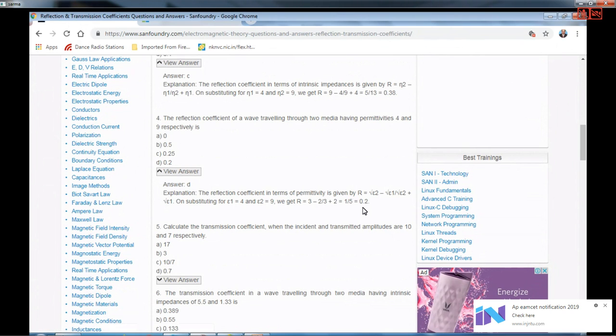So 3 minus 2 by 3 plus 2, 1 by 5, that is equal to 0.2. We are going to have this. Okay, so this is question number 4, where we have the earlier concepts coming into this.